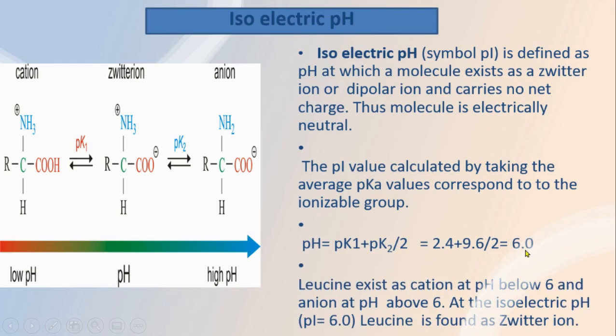That means at pH 6.0, leucine is in Zwitter ion form, while if pH is below 6, it is in the cation form, and if pH is above 6, then it is in anionic form.